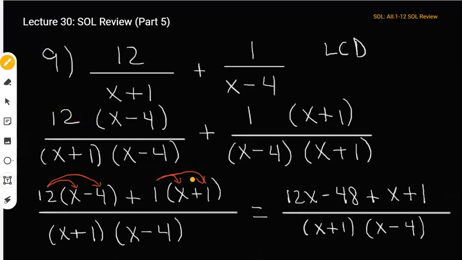So when we combine like terms, notice that this 12 has an x beside it, and this 1x also has an x beside it. So we can put these two terms together. 12x plus 1x is 13x, right? And now we put the numbers together.